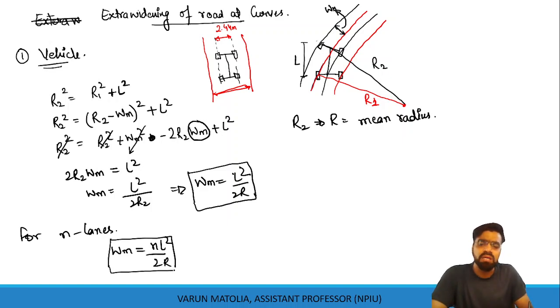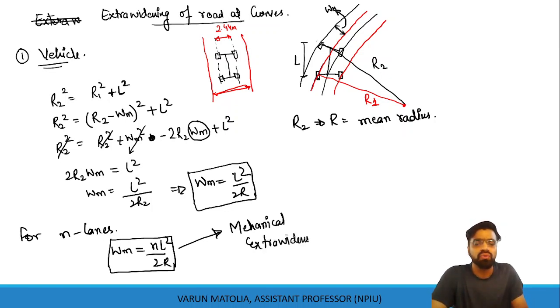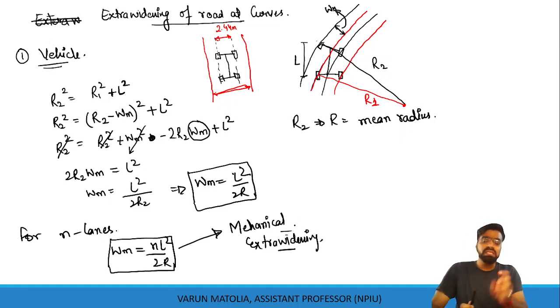This is the formula, and this is known as mechanical extra widening. This is a very important formula for gate consideration.